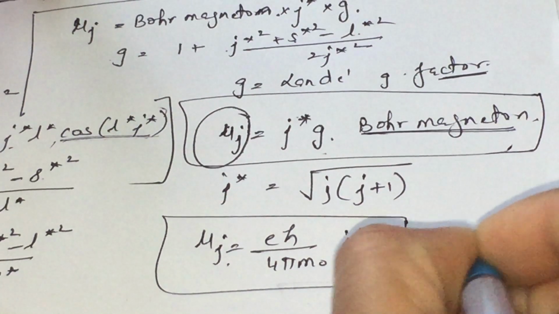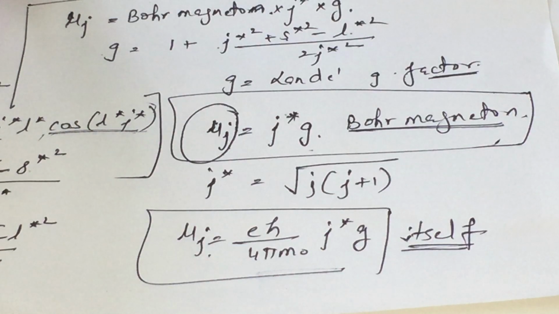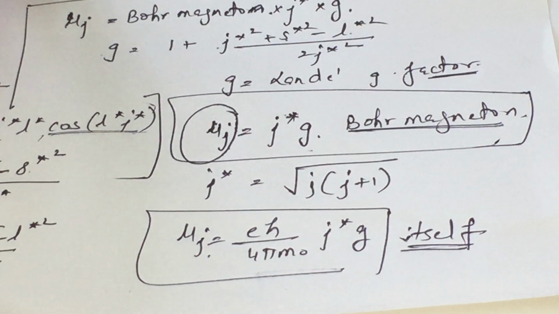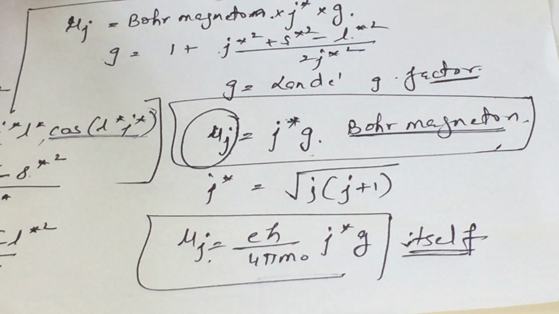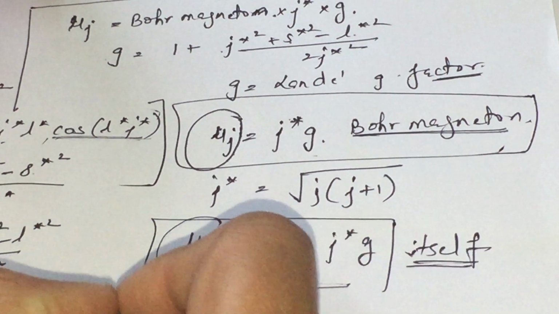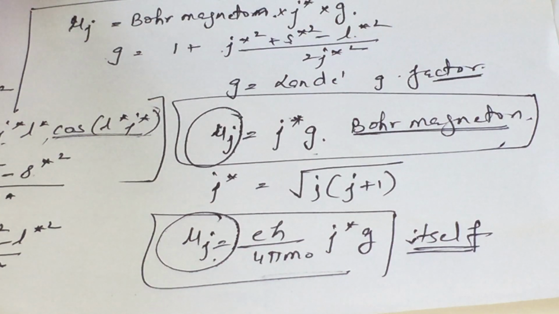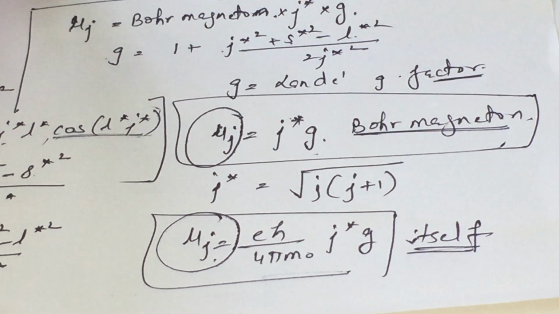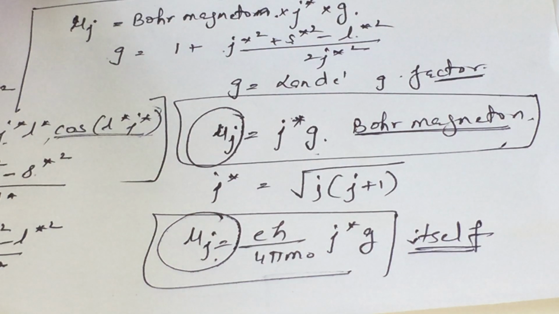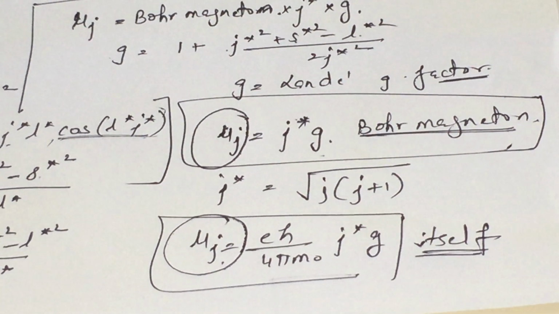Until now, in our expression and in our discussion, we haven't considered the applied or the external magnetic field. What will happen to this magnetic field when you apply an external magnetic field? Because we are studying the Zeeman effect, and in Zeeman effect we apply an external magnetic field.